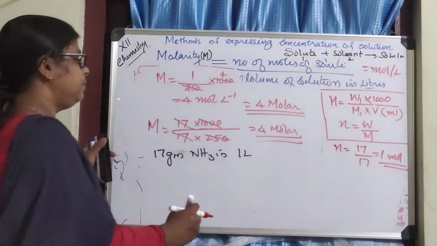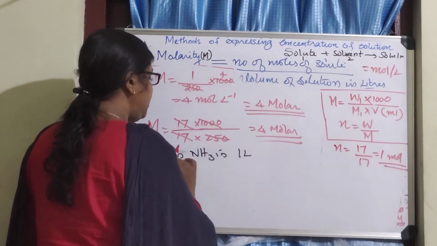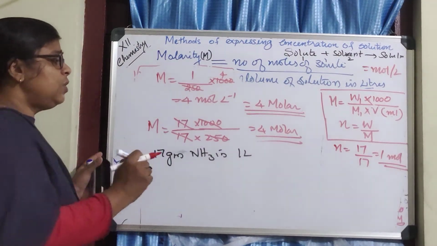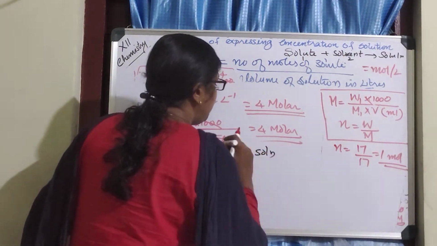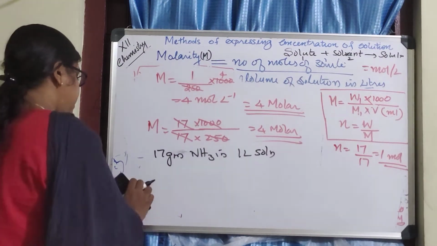What is the molarity? So there is a solution that contains 17 gram of ammonia dissolved in 1 liter. 1 liter solution il 17 gram ammonia dissolved in solution aanu engil what is the molarity?